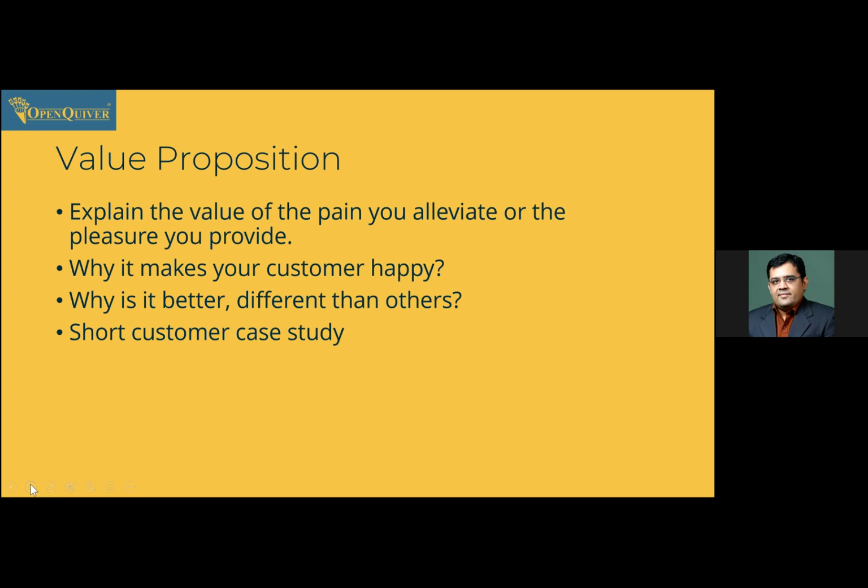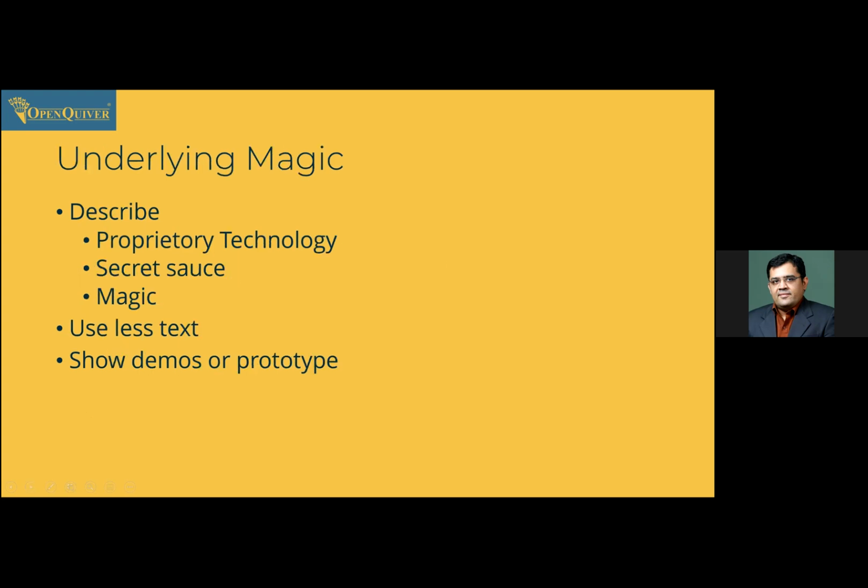Now moving on to the next slide, it will be about the underlying magic within your product or solution. So here you will describe your proprietary technology, any secret sauce you have, and it could be the magic. So you are bringing together multiple things into that particular product or platform or service, and that creates a certain magic which solves the problem for the customer.